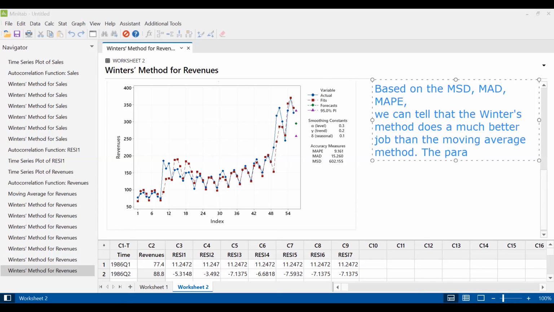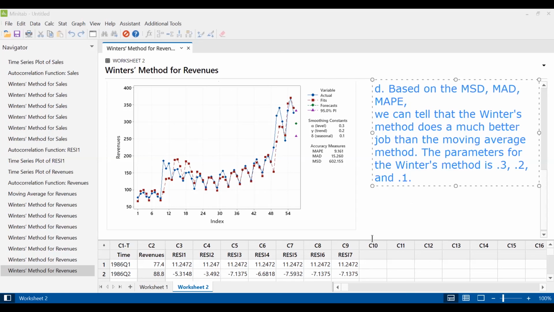The parameters for the Winters method are 0.3, 0.2, and 0.1. And that is the answer to part D.